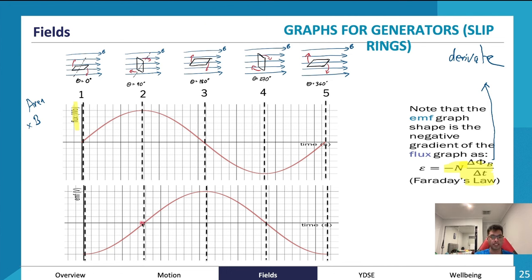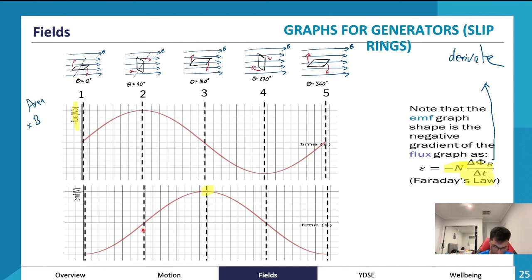This makes sense. The maximum EMF is generated when the change in flux is the greatest, and the greatest change in flux occurs at this point when the flux is 0.